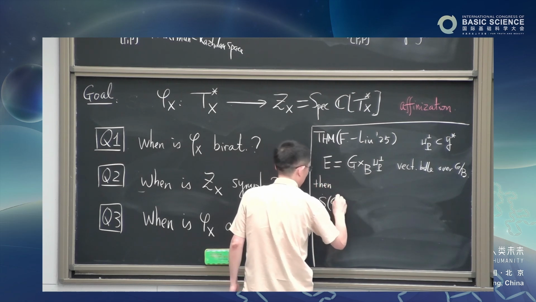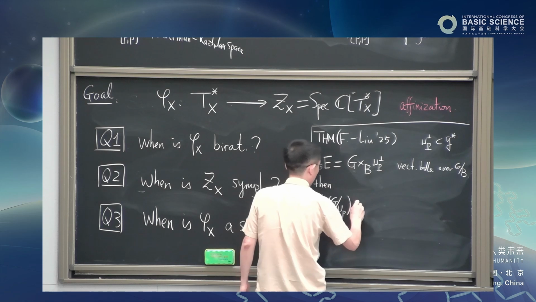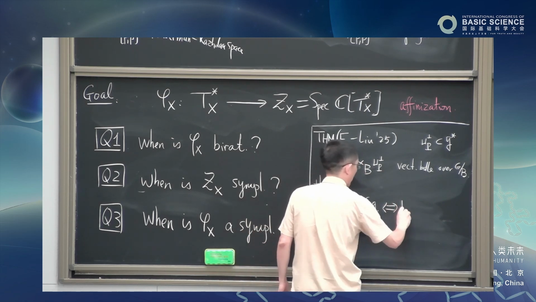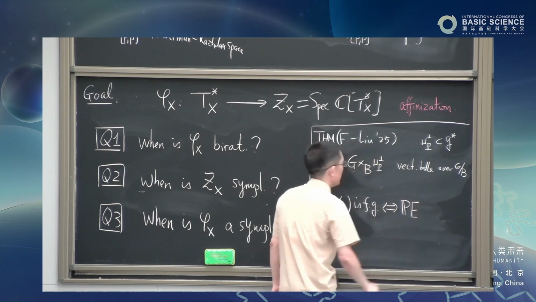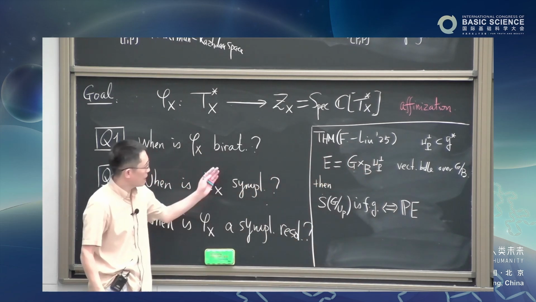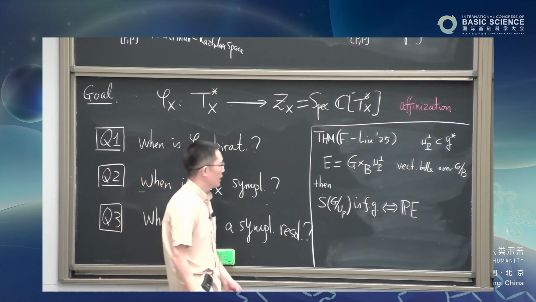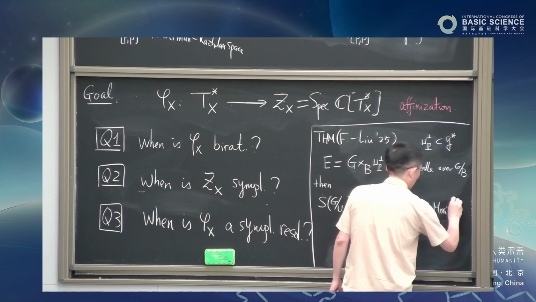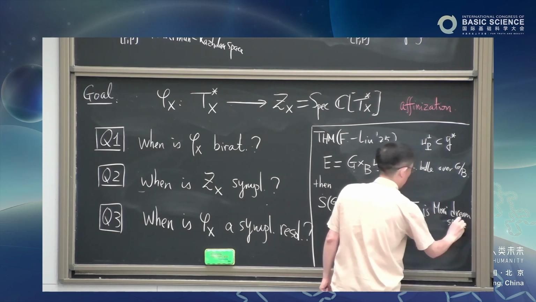And then our theorem is this: the spectrum of the ring of this G mod UP is finitely generated if and only if the projectivization of this vector bundle, which becomes a projective bundle over G mod B, is a Mori dream space.